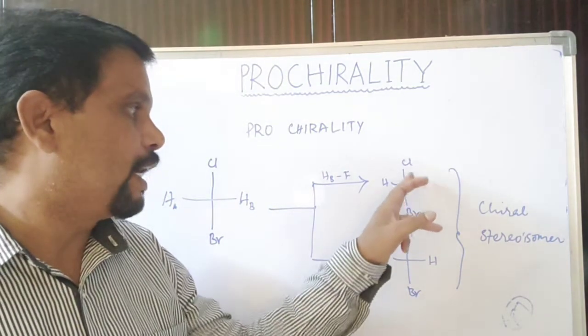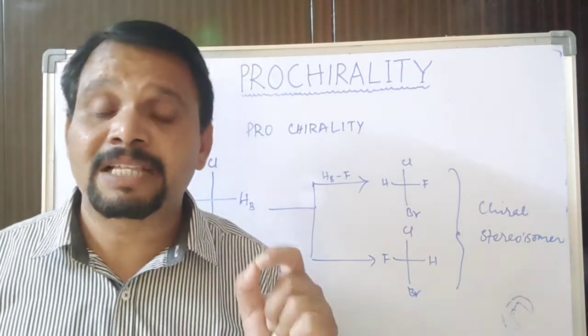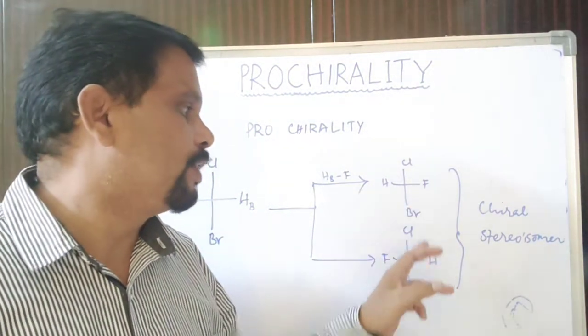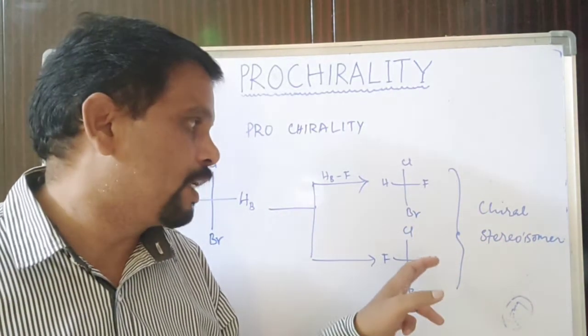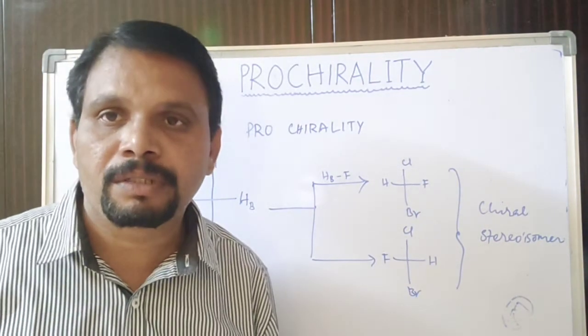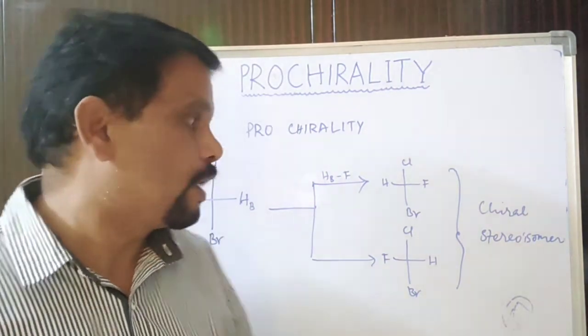If a carbon is attached to 4 different groups or atoms, that carbon is considered a chiral carbon, and therefore these two are chiral stereoisomers. They are stereoisomers because these two are enantiomers.